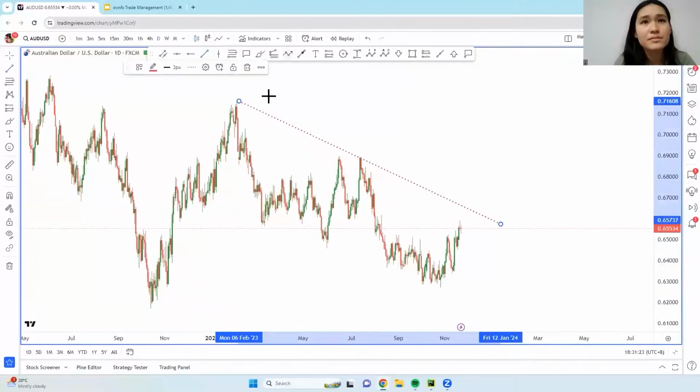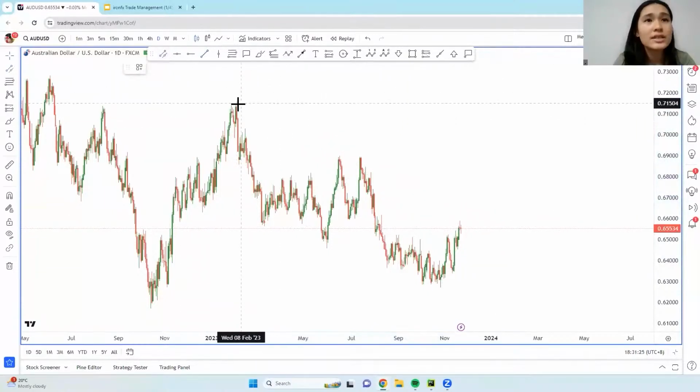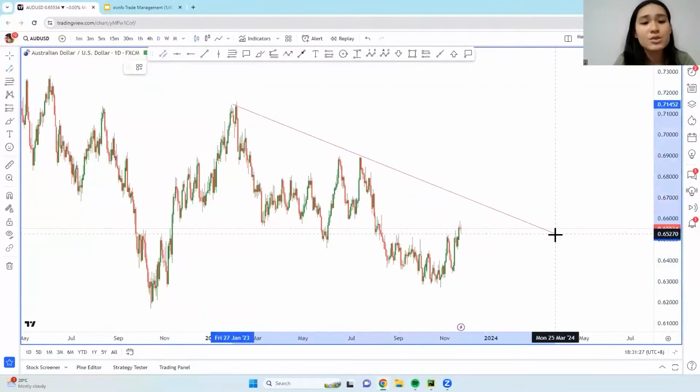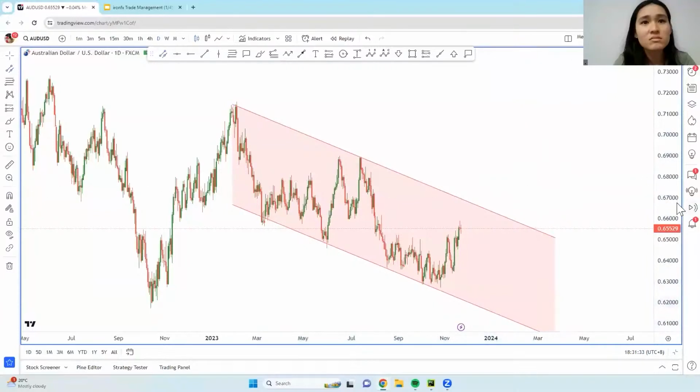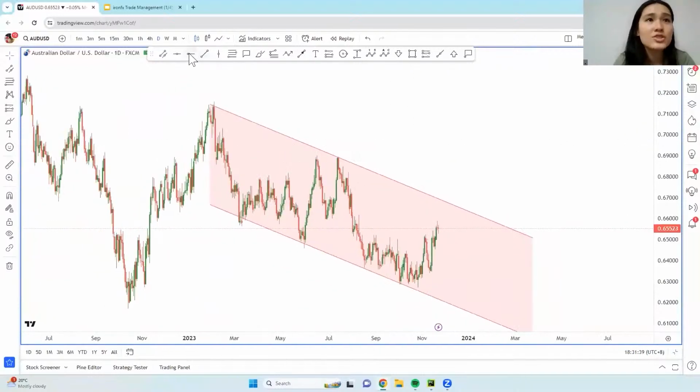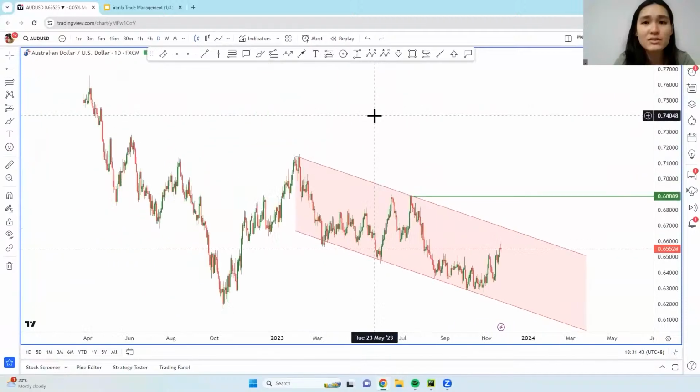Okay, daily time frame is also pretty bearish. Yeah, price is moving in this descending trend channel as well. Let's just go in really quickly with some support and resistance levels.